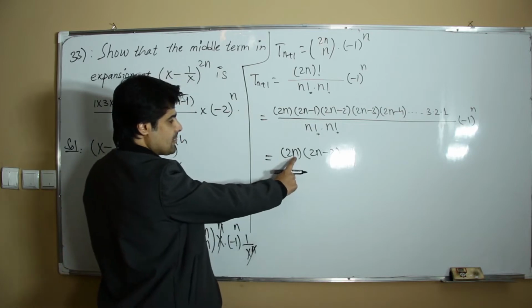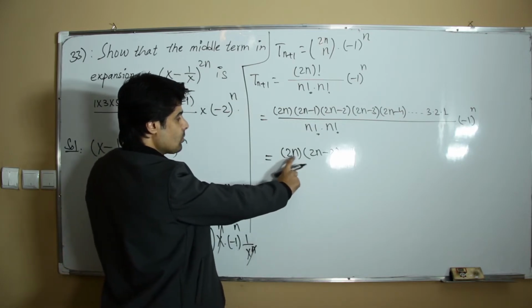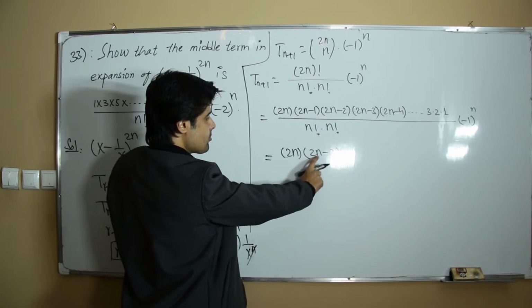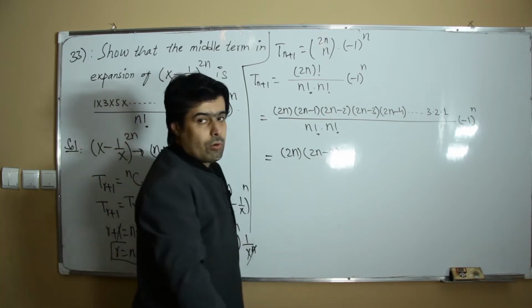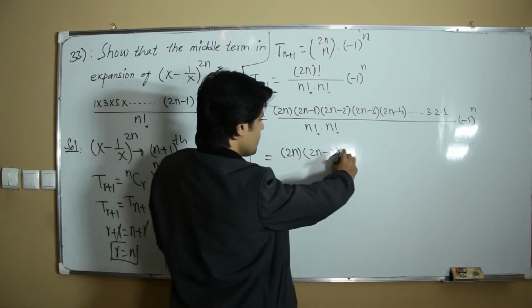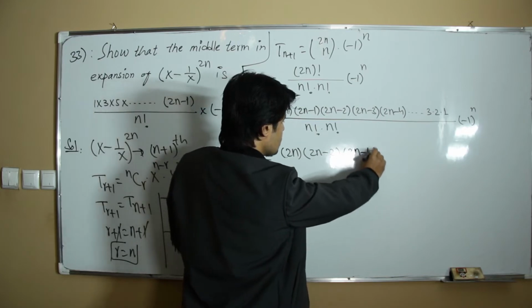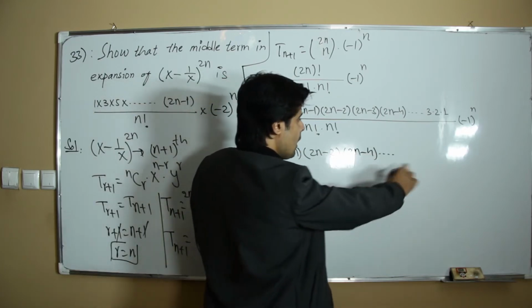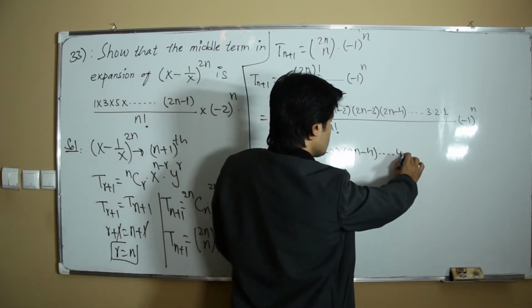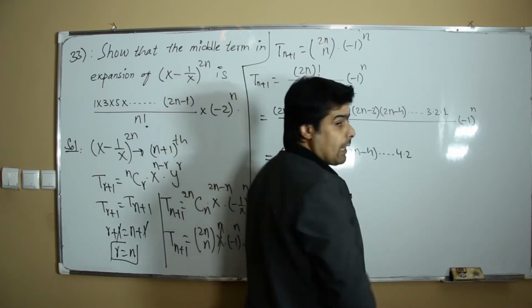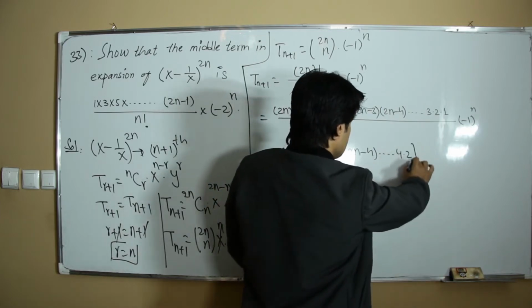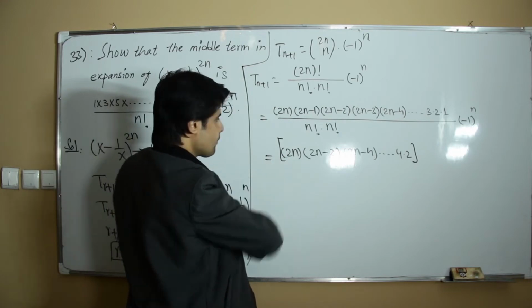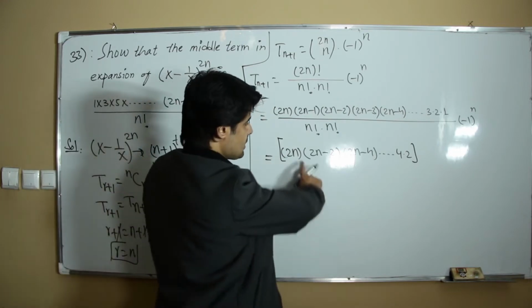Because if we put a number instead of n, for example 3, 2 times 3 is 6, and 6 minus 2 is 4, so this is even. 2n minus 4 is also even, and so on, up to 4 times 2. So we separate all the even terms.